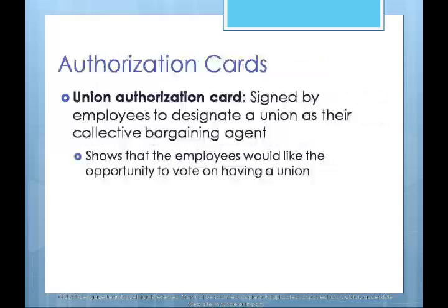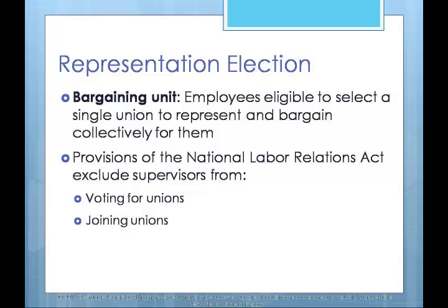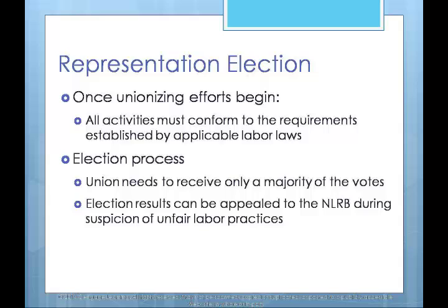Authorization cards, we've talked about, show that the employees would like the opportunity to vote on having a union. The bargaining unit is eligible employees who want to be represented and bargain collectively. It is a provision of the National Labor Relations Act to exclude supervisors from voting for unions or joining unions, as well as human resources professionals, by the way.